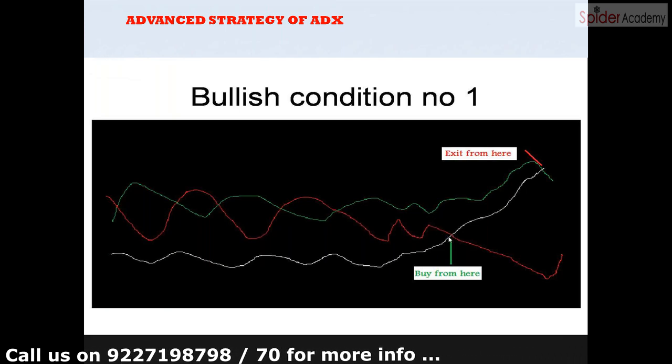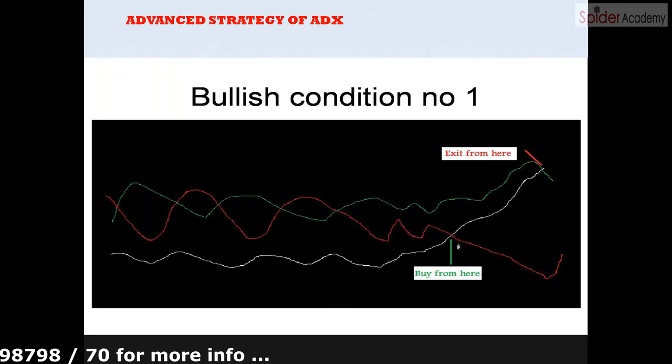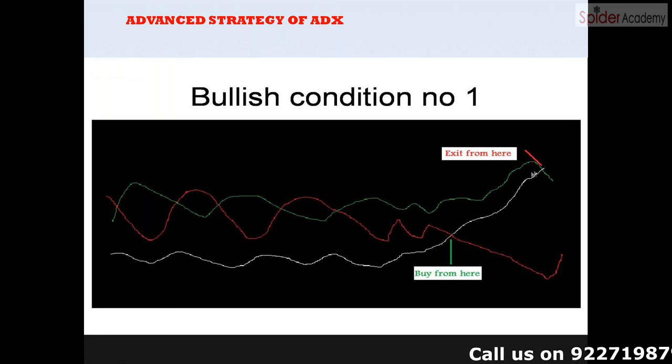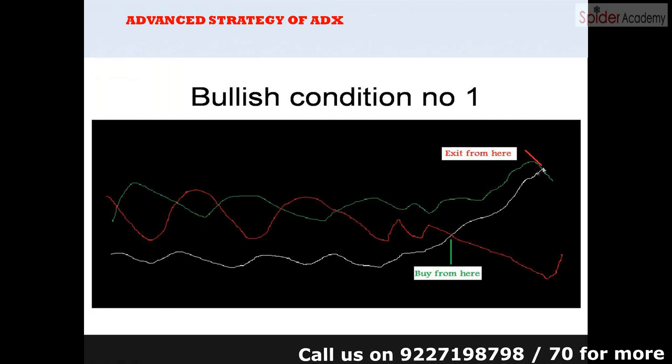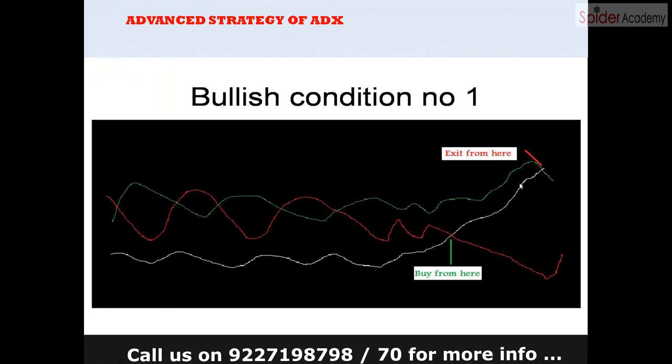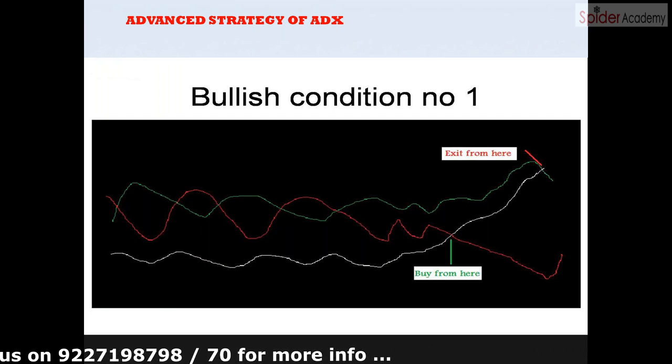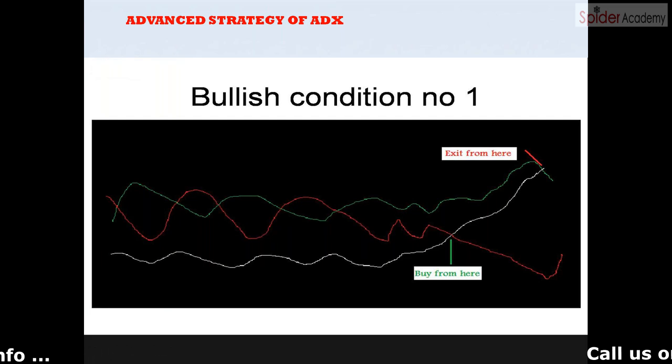It is a buy signal. Once you are in this trade, when do we exit? When the ADX line crosses the green line, it is an exit. So we have a complete system over here: when to buy, when to exit. We will have a look on the chart.